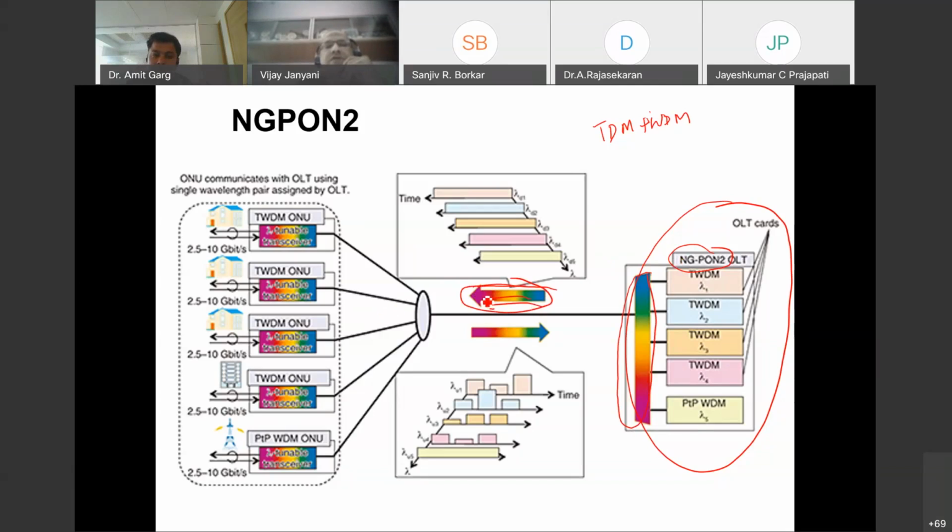This is upstream, from ONUs to OLT. In the downstream, 4 wavelengths are multiplexed in this AWG. That is the wavelength division multiplexing. But after that, you are assigning different time slots to different wavelengths. And then on this side, you are using time division multiplexing.